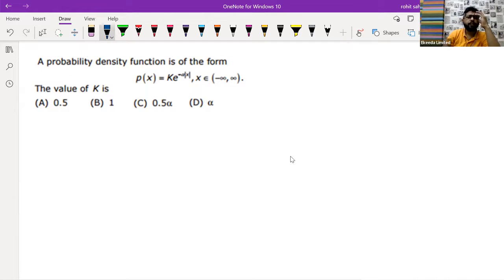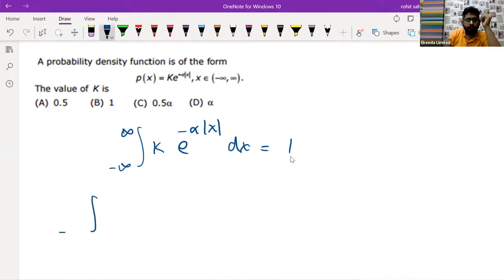So again, minus infinity to infinity, k e to the power of minus alpha mod x dx needs to be 1. So I can break it, minus infinity से 0 तक अगर मैं करूंगा तो k तो बाहर ले रहे हैं, ठीक है? एक बार k भूल जाओ या फिर बाद में देखेंगे ऐसा करके. अगर मैं नेक्स्ट लाइन में k ना लिखूं तो परेशान मत हो.